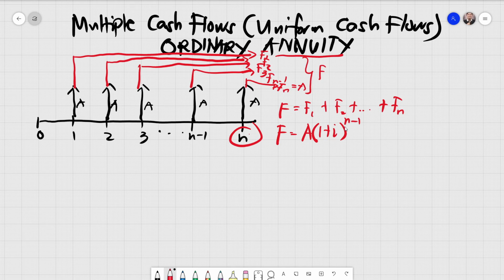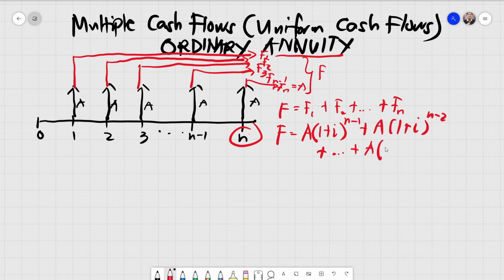So, para maidala siya sa future, you would multiply 1 plus i, no, sa ating original cash flow by n-1 times. So, yun yung exponent. And F sub 2 is just basically A times 1 plus i raised to n-2 and so on up until such time na umabot siya dito sa n-1.